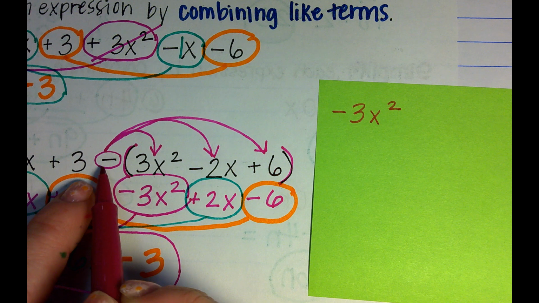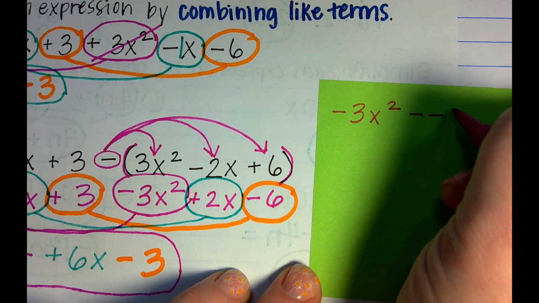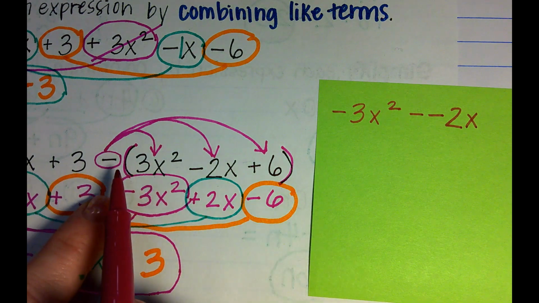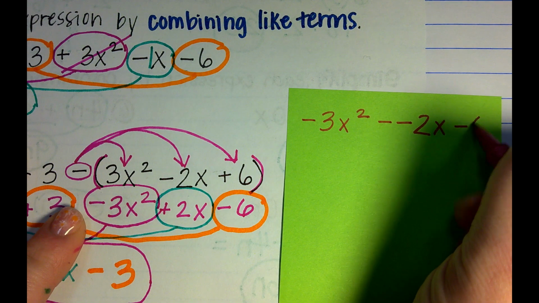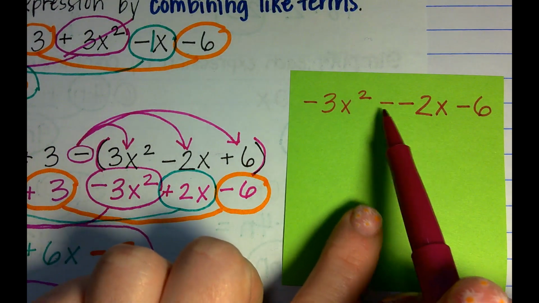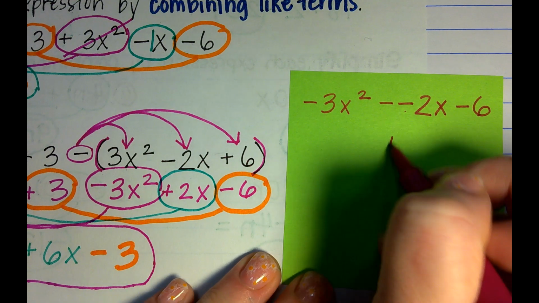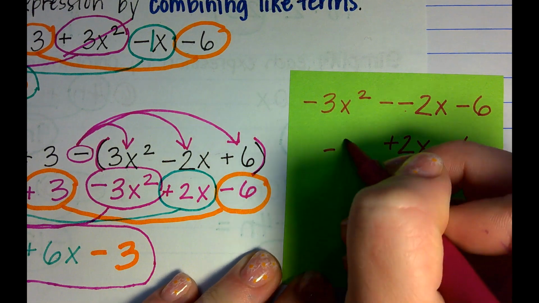Now I'm subtracting negative 2x, and then I'm subtracting positive 6. So I'm subtracting 6. And remember what happens when we have two minuses next to each other? They turn into a plus. We'll bring that all down.